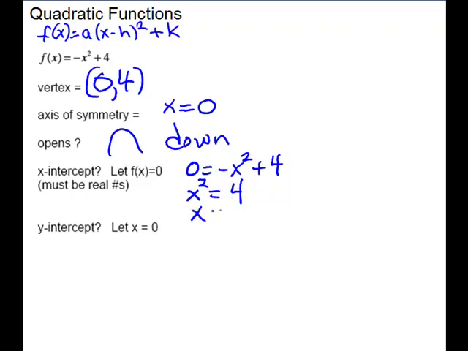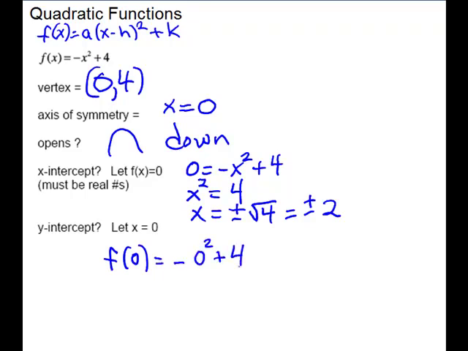So x is equal to plus or minus square root of 4, which is plus or minus 2. So we're going to have two x-intercepts at +2 and at -2. Right, for the y-intercept, let the x be 0. And so this is going to wipe out to just give us 4. So this will be 0, 4.